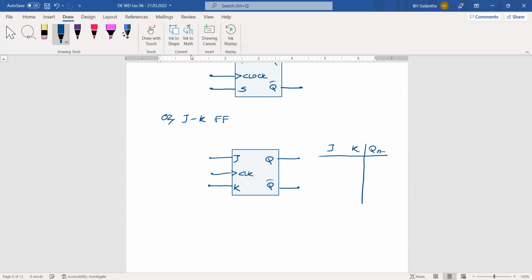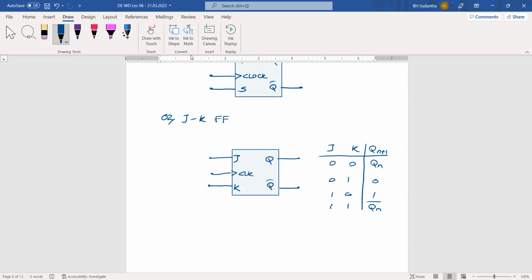It's having clock input, then Qn plus 1 is there. 0, 0, 0, 1, 1, 0, 1, 1. Okay. Then for this one, it's Qn. This is 0, 1. For the solution of this one, we have Qn bar. Okay.